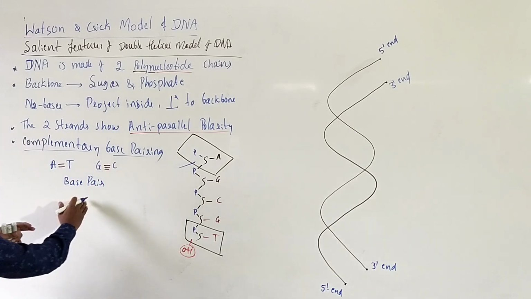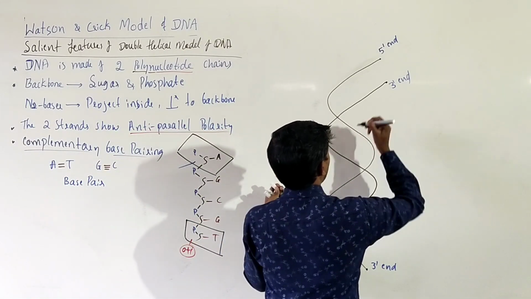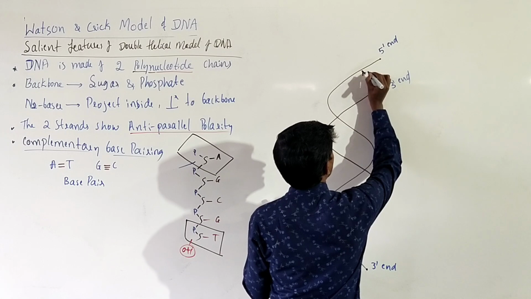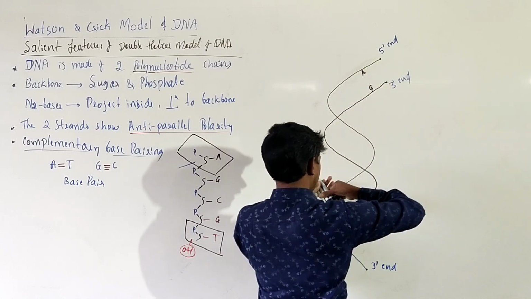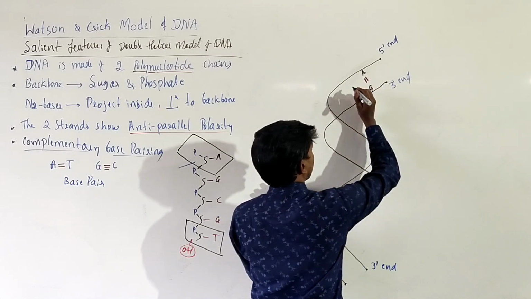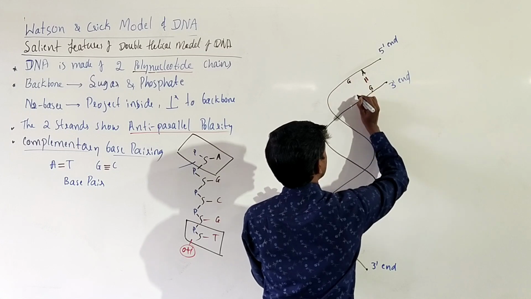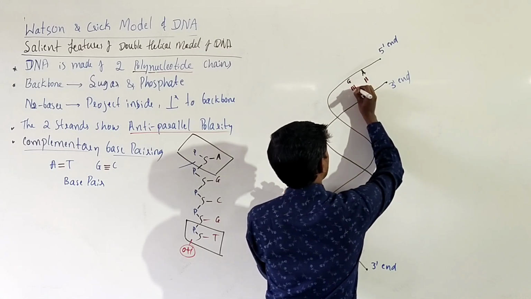For example, if I have adenine here and thymine here, they will make 2 hydrogen bonds. If I have guanine here and cytosine here, they will make 3 hydrogen bonds.